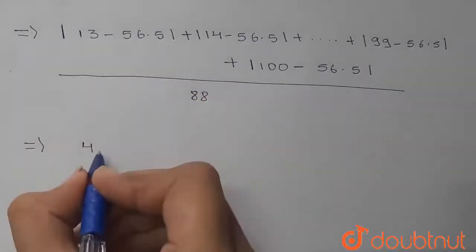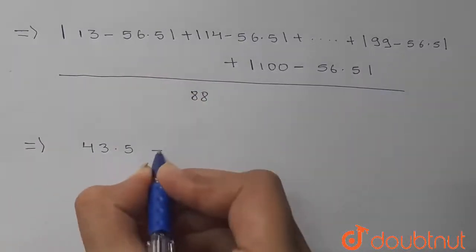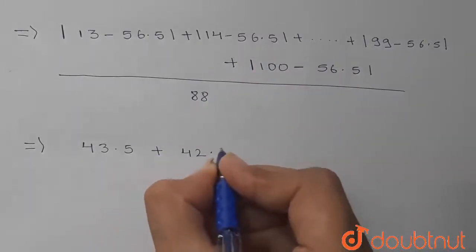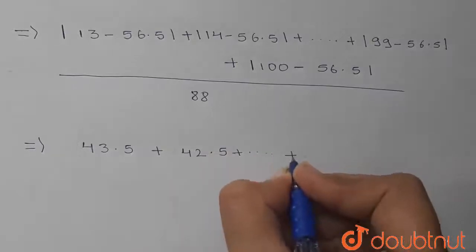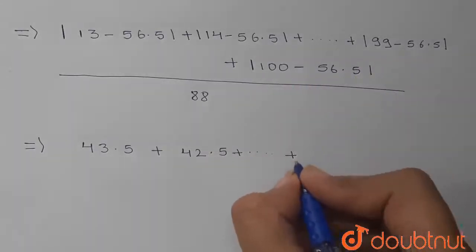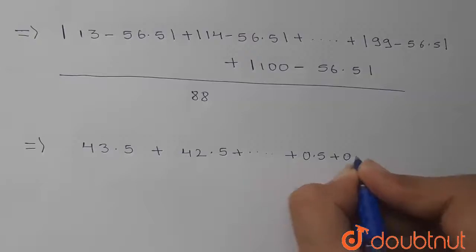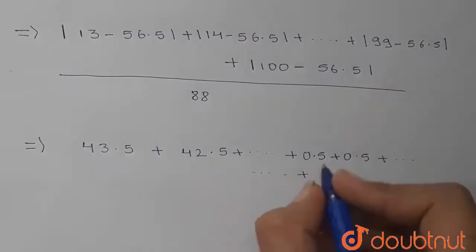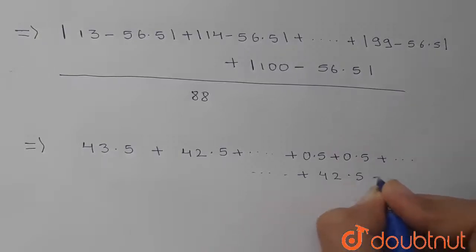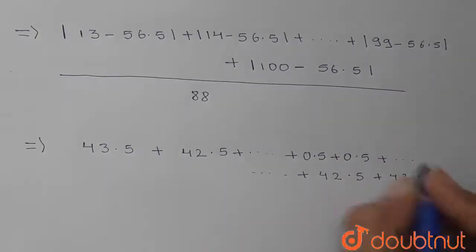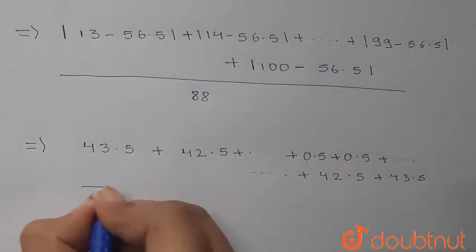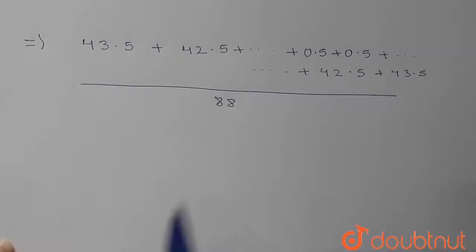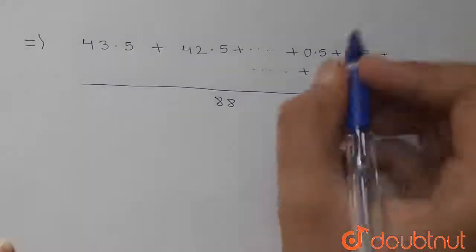So here we write 43.5 plus, this will give us minus 42.5, but out of the mod this will be 42.5, plus so on, plus somewhere in between we will be getting 0.5 plus 0.5, and then 42.5 plus 43.5, and this is divided by 88.